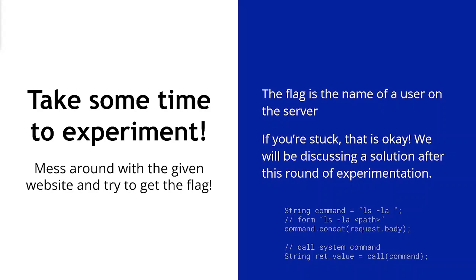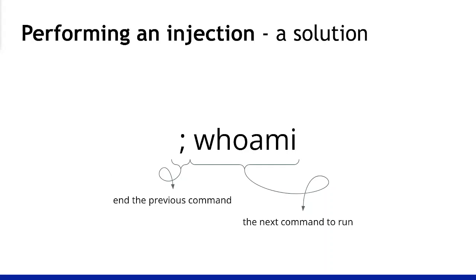One potential solution will be this pattern here, which is a semicolon and then whoami. Whoami is a Linux command that's found on pretty much, I would say, every Linux distribution, with an asterisk because I'm not 100% certain myself. It will tell us the current user who ran this process, and the most important part of it is the semicolon that comes before it.